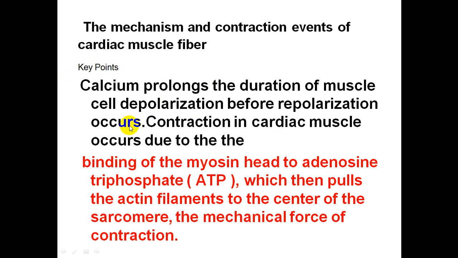Before repolarization occurs, contraction in cardiac muscle occurs due to the binding of the myosin head in the thick filament to adenosine triphosphate, the energy molecule, which is split into adenosine diphosphate and a phosphate molecule, which then pulls the actin filament to the center of the sarcomere by the mechanical force of contraction.